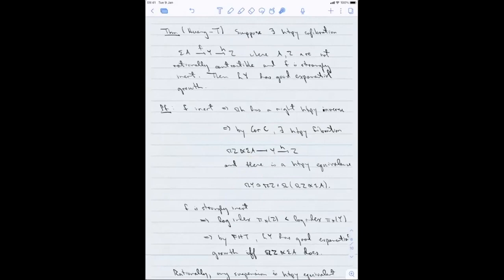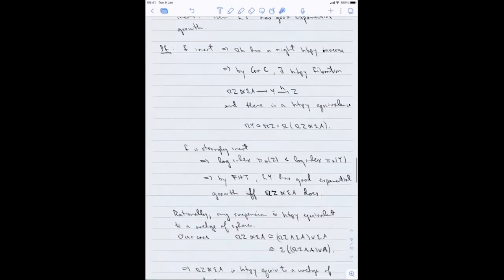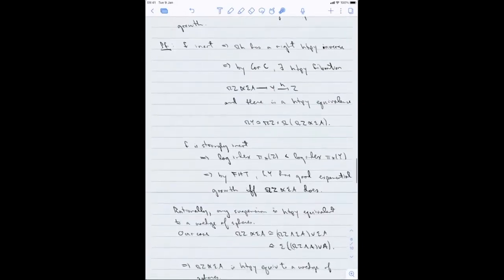And so in that case also, we can conclude that the free loop space of Y has good exponential growth. Okay, that's good. Thank you.